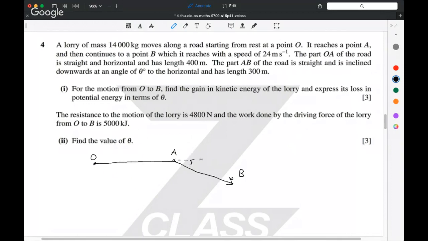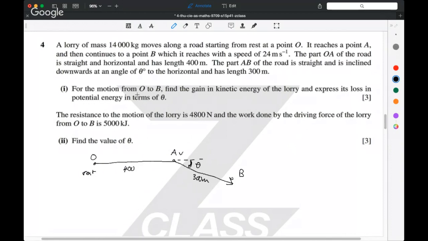This angle we'll call theta. We're told that this is 400 meters and this is 300 meters. And we're told that it's at rest here, and that it has some velocity there.